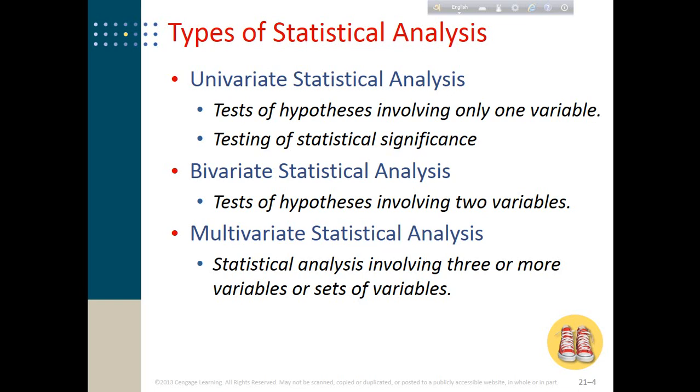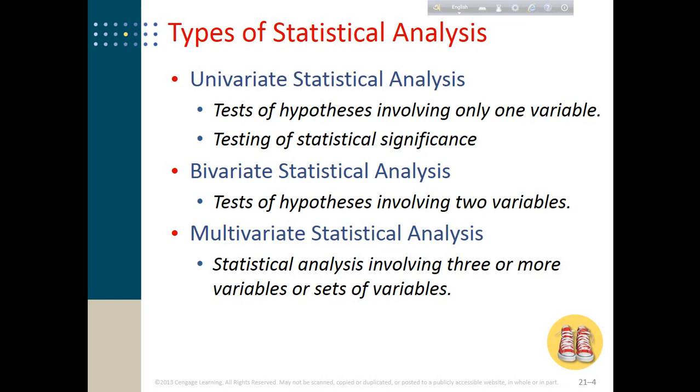In the case of univariate analysis, as I said, it will involve one variable. So sometimes we might be testing whether one variable is different from a particular standard or particular benchmark. Then we will be doing univariate analysis. Bivariate analysis involves 2 variables. So we might be testing the relationship between 2 variables or testing the difference between 2 variables.